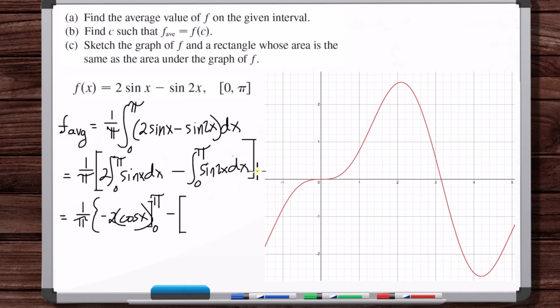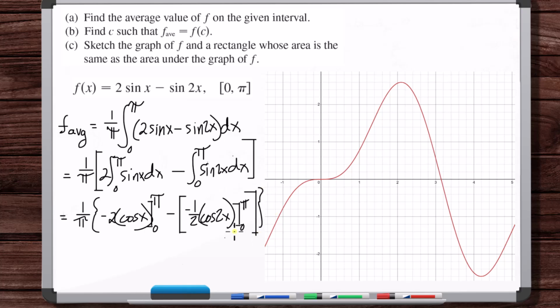Minus sine of 2x times 2. So we want minus 1/2 cosine 2x. You see, the derivative of cosine 2x is minus sine of 2x times 2. So the times 2 gets rid of the 1/2, and the minus gets rid of the minus here, so we're left with sine of 2x. Okay, and evaluate this from 0 to pi.